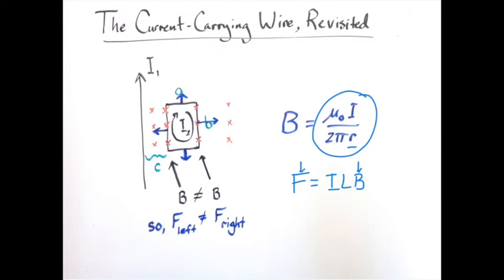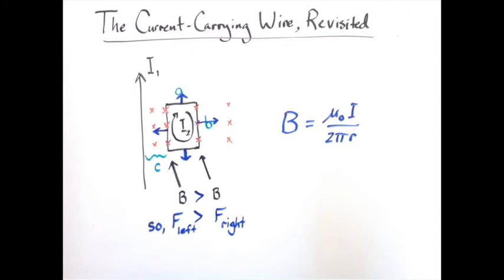So that means that the right side should experience the smaller force. If the force on the left side is greater than the force on the right side, then the net force is going to be to the left. Okay, so net, that loop will be attracted.